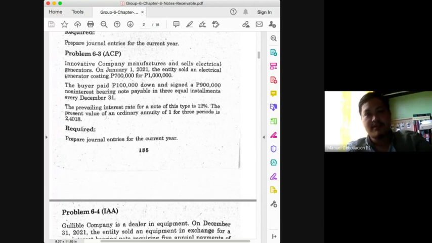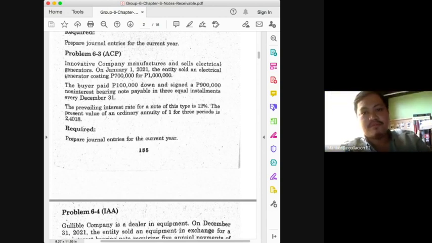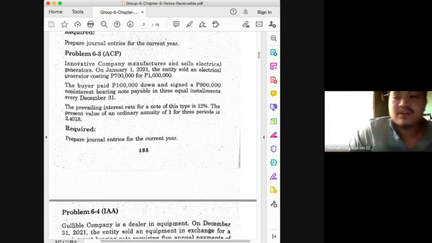But 720,540 is not enough, because aside from the 720,540, we received payment also in the amount of 100,000. So 720,540 plus 100,000 will give us 820,540. But personally, class, I prefer that you simply remove the interest component from the total consideration.